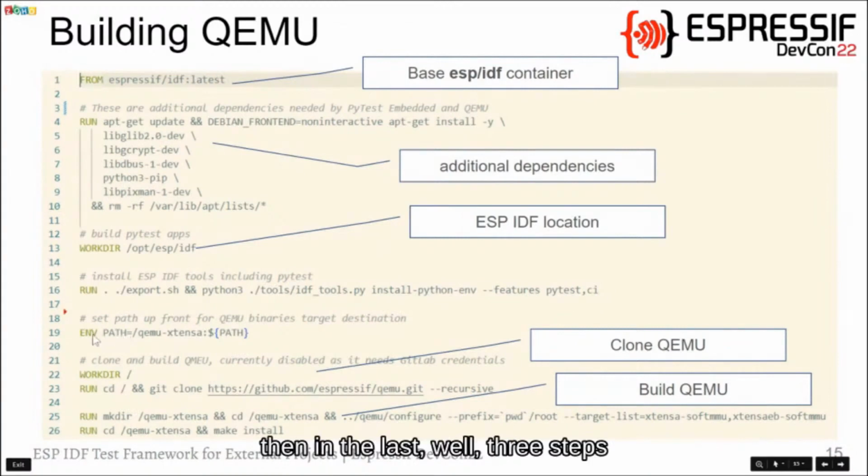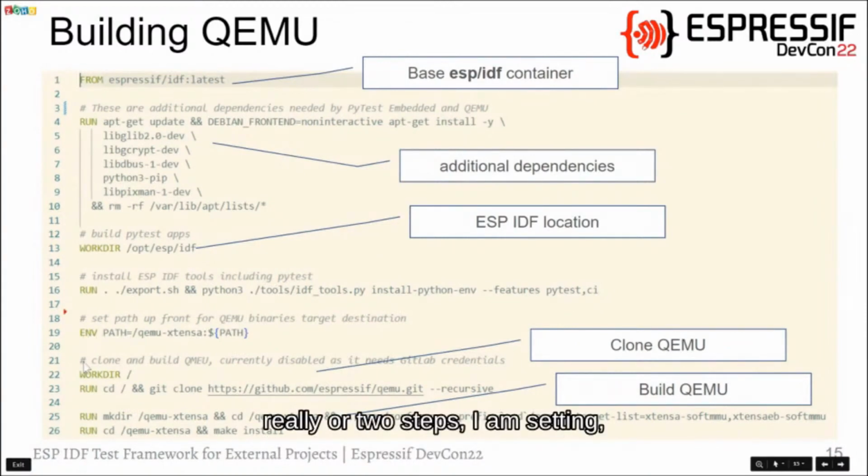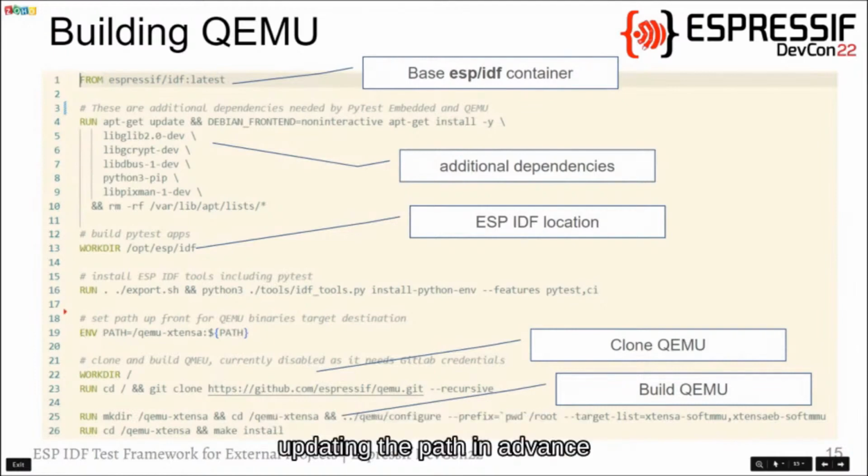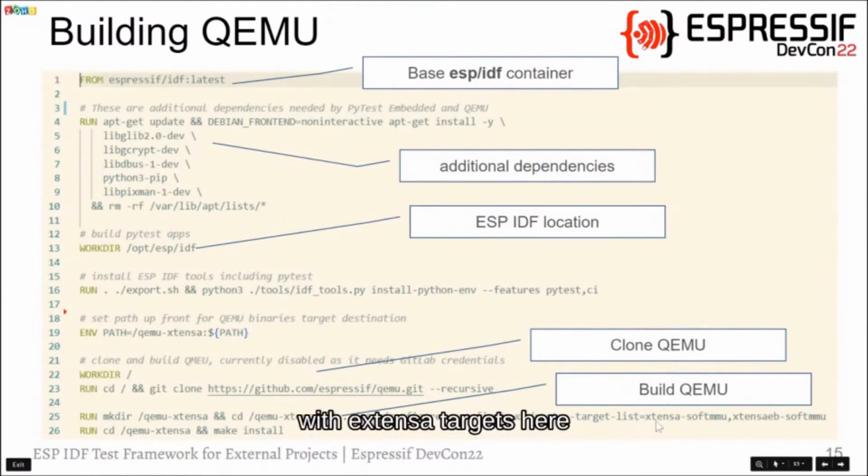Then in the last 2 or 3 steps, I'm updating the path in advance, cloning recursively the Espressif fork of QEMU, and finally creating the directory qemu-xtensa, configuring the build, and running the build with xtensa targets here.